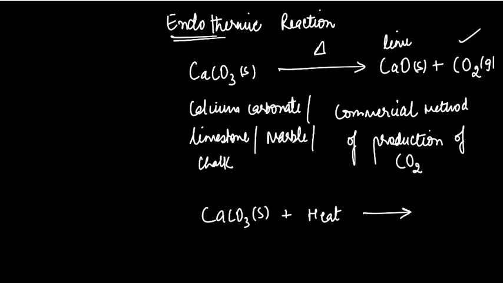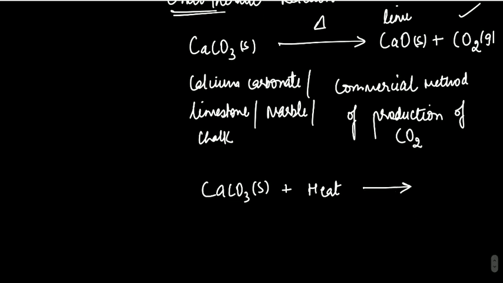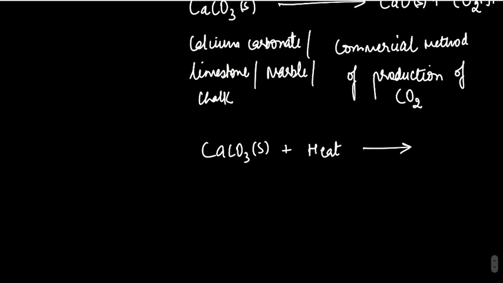So, industrially, if we require carbon dioxide for any industrial process, any commercial process, be it carbon dioxide, be it calcium oxide, we will use this particular equation industrially because it's way cheaper and it's not that difficult to obtain. So, we can even write plus heat like this.